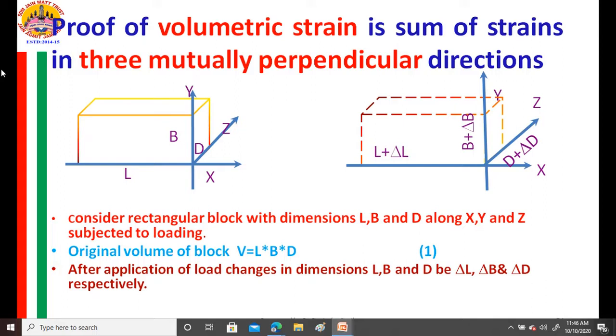Now I want to calculate the strains in the individual dimensions, the volumetric strain, and whether there is any link between the strains in three mutually perpendicular directions.